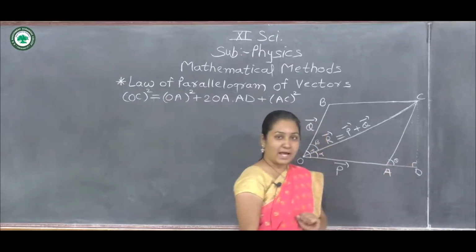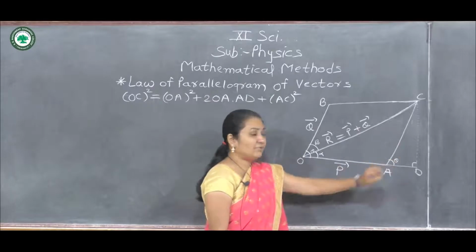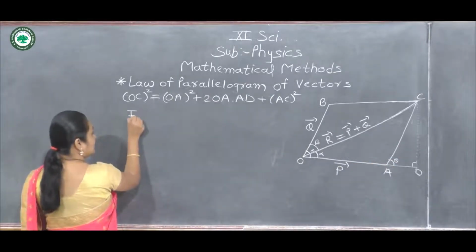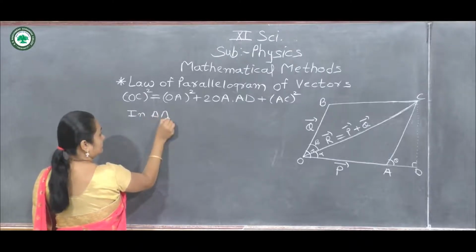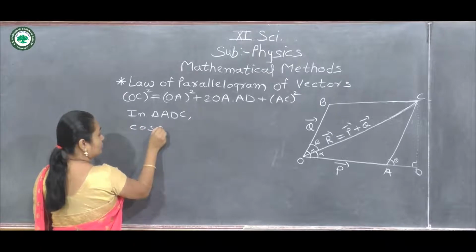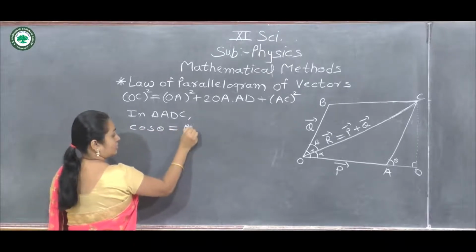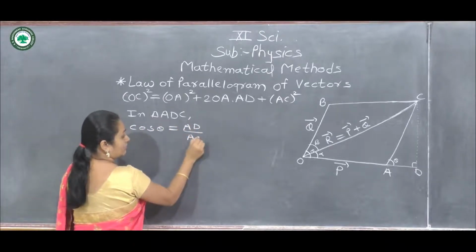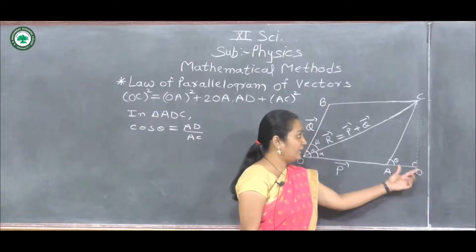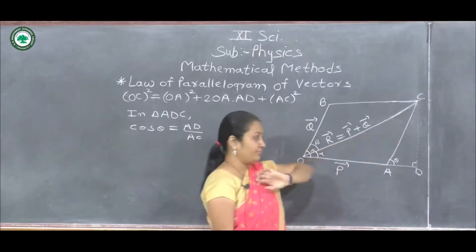From this triangle, we will find the value of cos theta. So in triangle ADC, cos theta is equal to AD divided by AC.